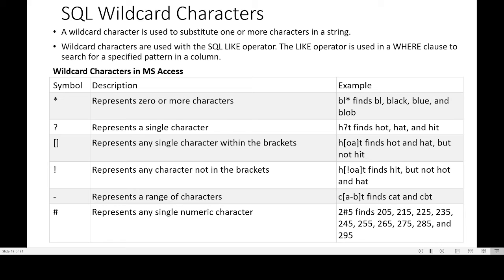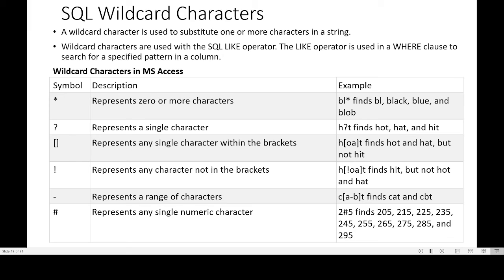These are the various wildcard characters in MS Access. The star, that is asterisk, represents 0 or more characters. For example, if you give BL star, it finds all the words starting with the letters BL. So it can be black, blue, blob, etc.